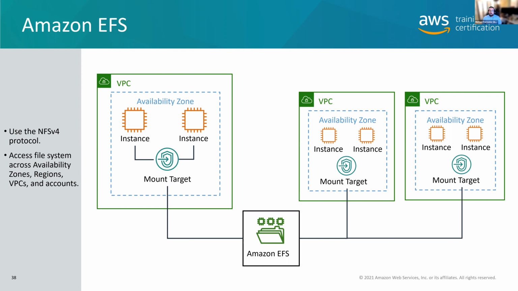EFS is the service where Amazon took the NFS protocol and made it so you could share it with thousands of systems across an entire region. That's all it does. It's literally just NFS version 4.2. I think 4.2 is the latest. So it's highly Linux compatible. You can get Windows to mount NFS, but typically it's built for Linux systems.